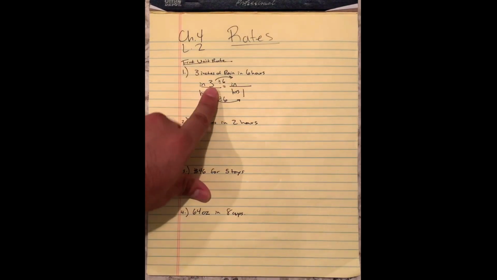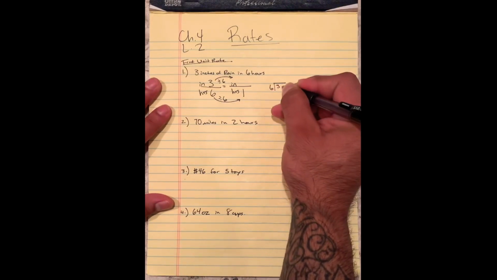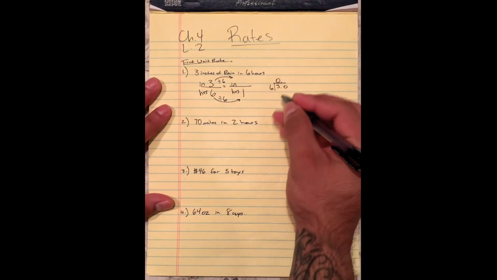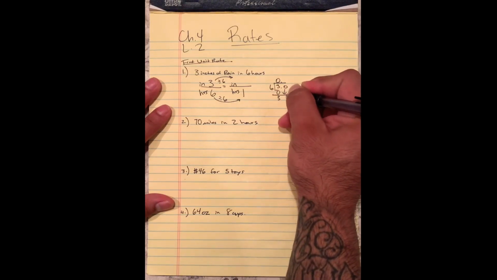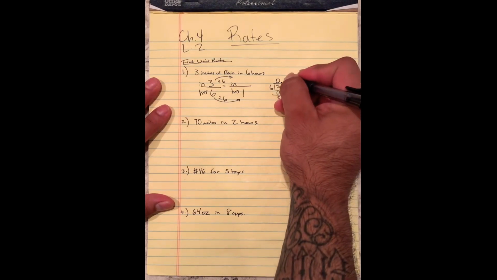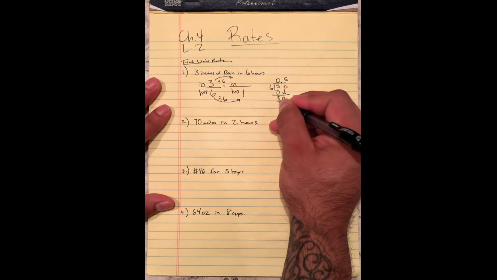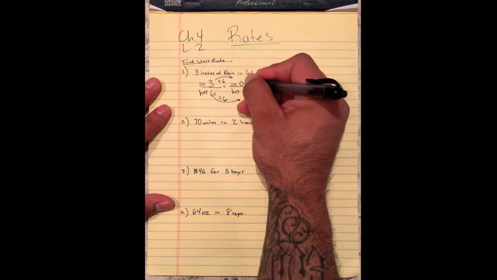Now, you can come out here to the side and work this out, right? That'll be 0. That's 30. 6 goes into 35 times. Hopefully you knew this already, right? And it's 0.5.